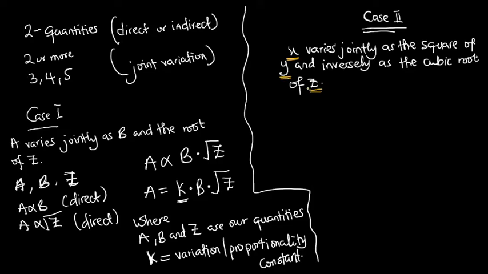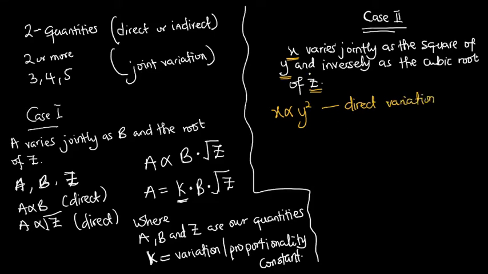So the variation exists between these three variables or quantities. So for S, we have S varies jointly as the square of y. This is a direct variation between S and y. So we write that as S varies as the square of y. So this is our first variation, and it is what? A direct variation.